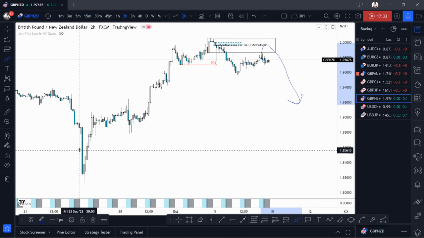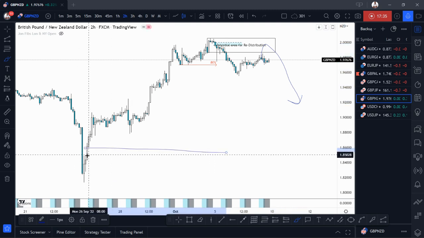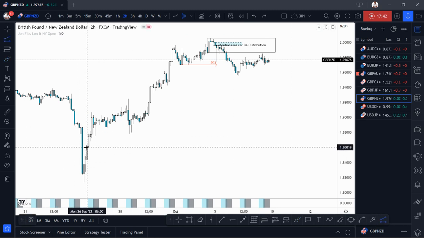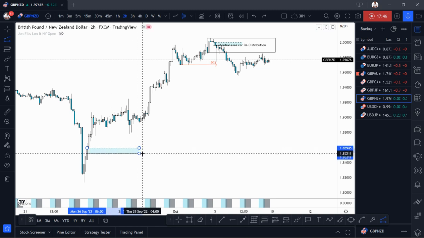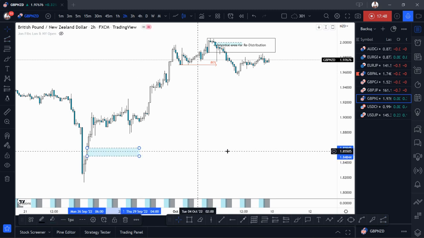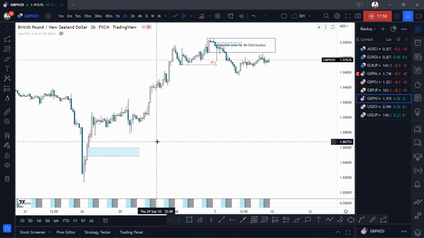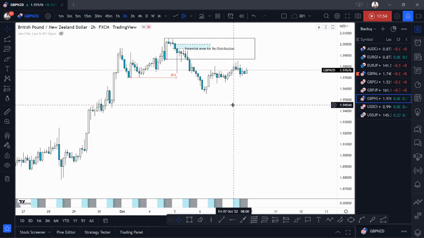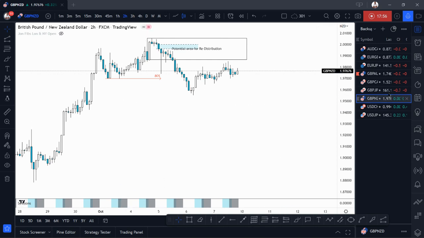And if it's going to dump, probably it dumps right down into this IPA here. Probably dumps down into that IPA there. I just see that happening.